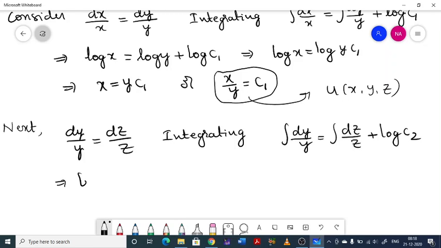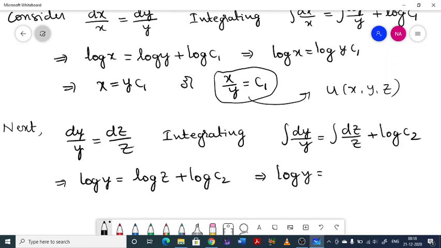Now log y equal to log z plus log c2. So I'll get log y equal to log of z into c2.